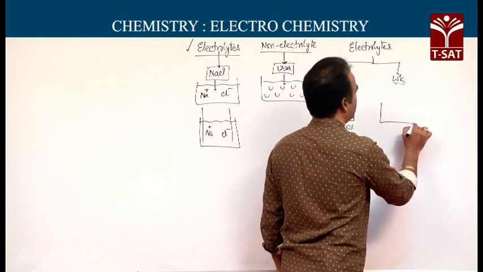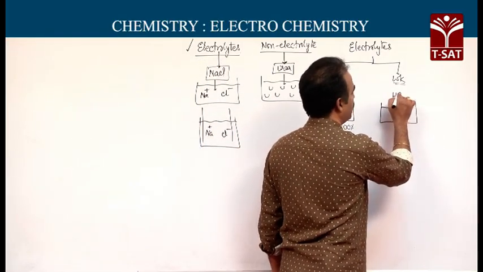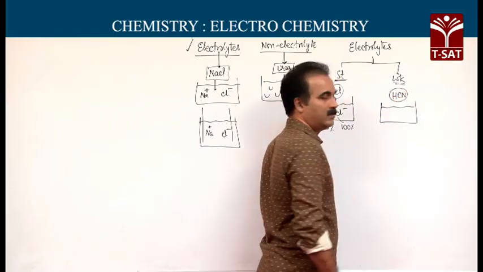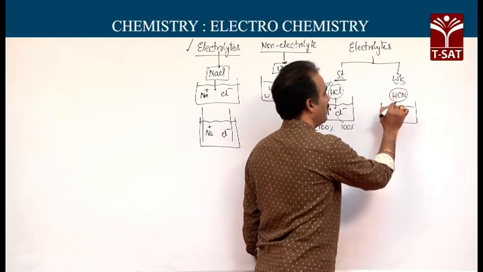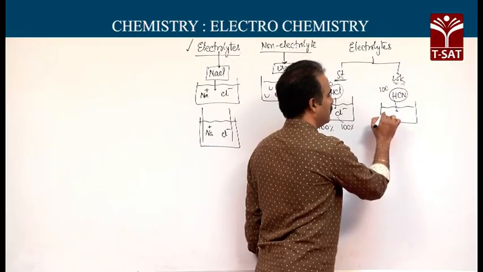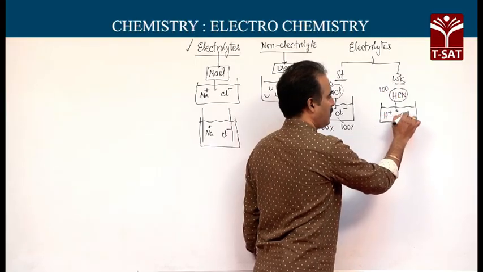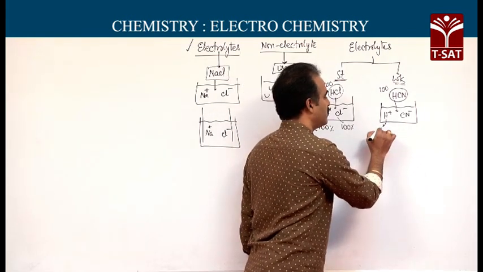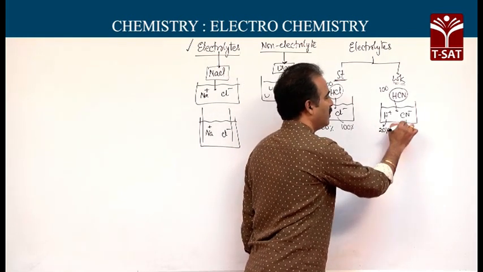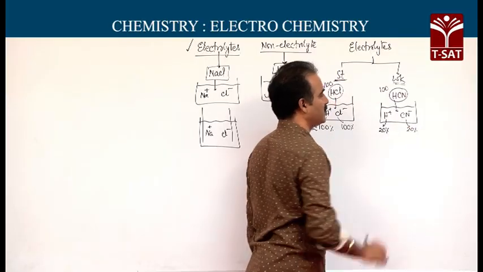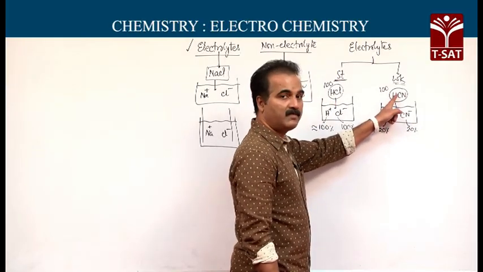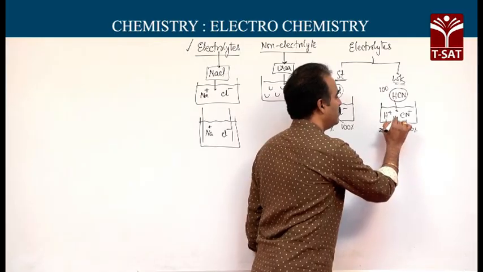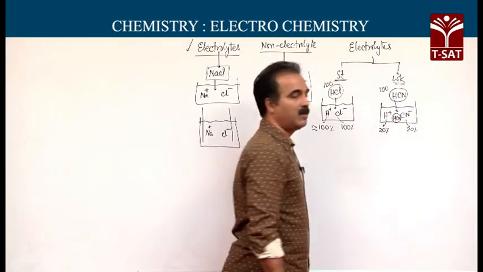A weak electrolyte is, for example, HCN, which is also an acid. When you add 100 molecules of this, you will get H+ ions and CN- ions, but these H+ ions are say some 20% and these cyanide ions are also only 20%. The remaining 80% of HCN did not dissociate, but is in dissolved condition only.